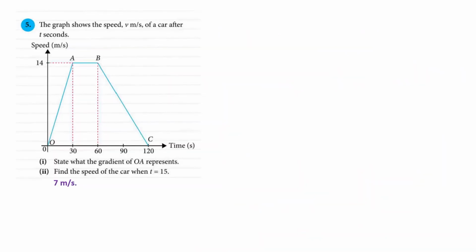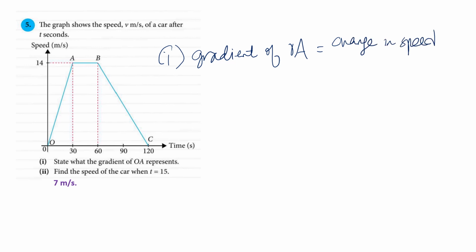Right, let's do another question that also involves a speed-time graph of a car. For part 1, we are asked to state what the gradient of OA represents. Basically, the gradient of OA is found by taking the change in your speed, this portion here, over the change in time here.